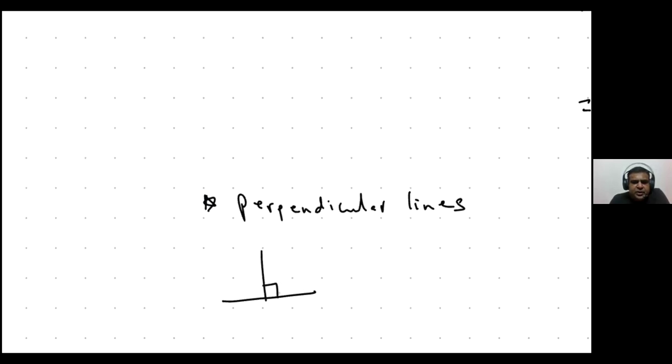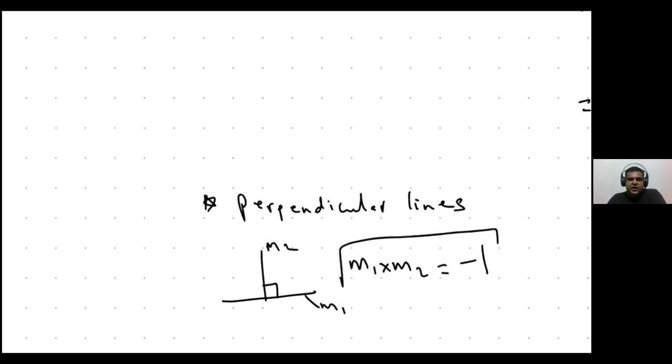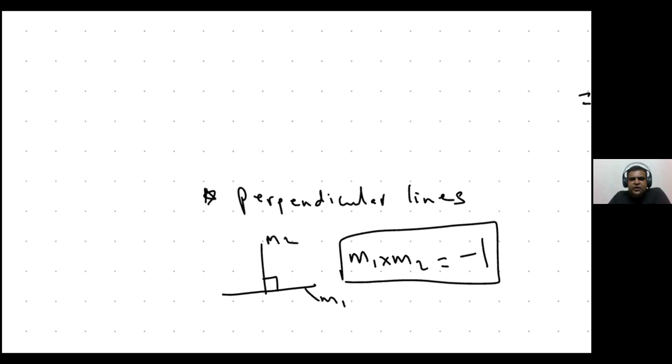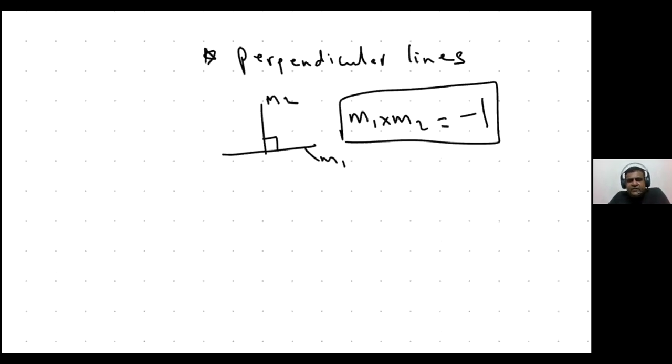So M1 should always be multiplied by M2, and the product should always give us the value -1. So this is the condition of perpendicular lines. Whenever they ask us, we can check whether two lines are perpendicular by seeing that the slopes of the two lines multiply to give us -1.